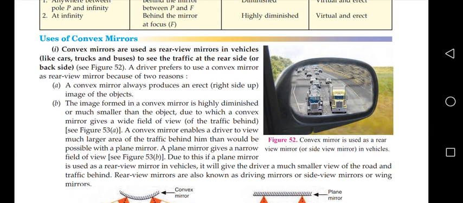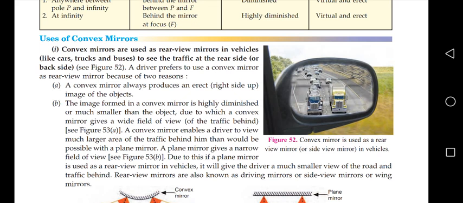Why? The first reason is the convex mirror always gives a virtual and erect image. So you don't have to see an inverted image, you are going to get an erect image. And in case of a convex mirror, the image is diminished, right, which means it is smaller than the object.